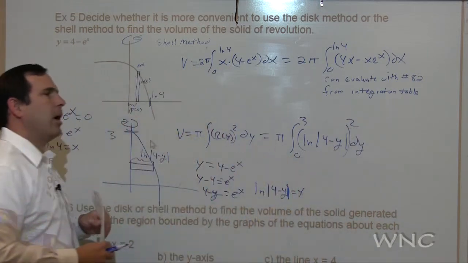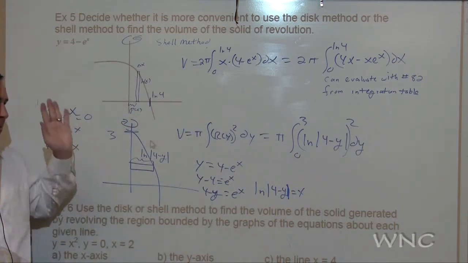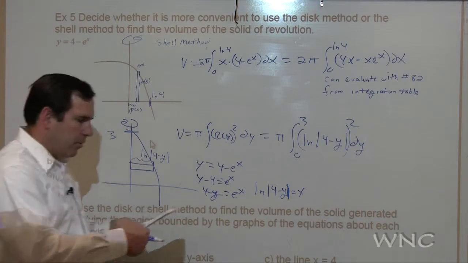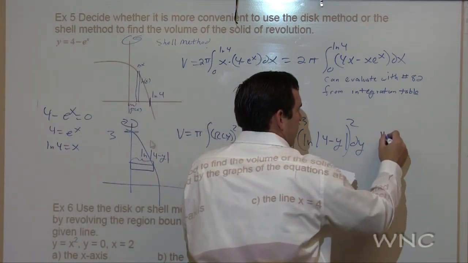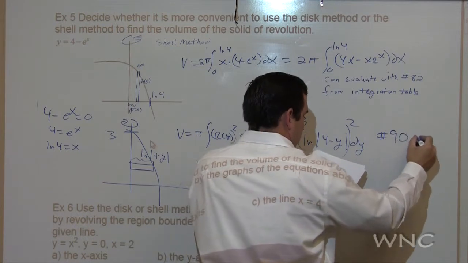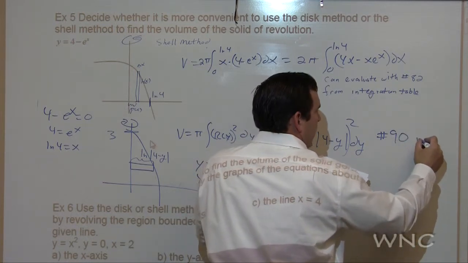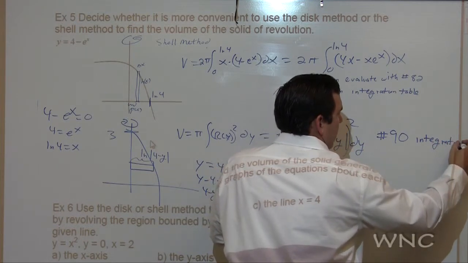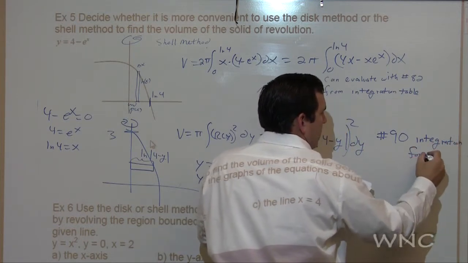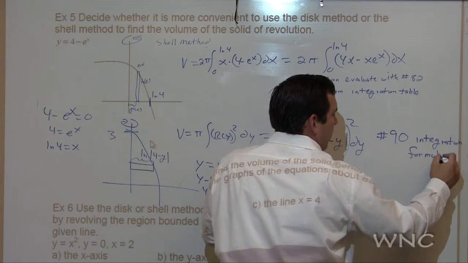Now the second one, the integration is not as pleasant. However, you could do this with number 90, the number 90 integration formula. These are all found in Appendix B in your book.